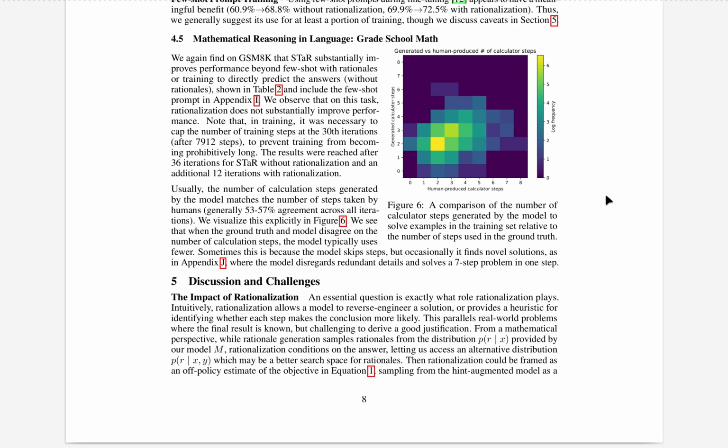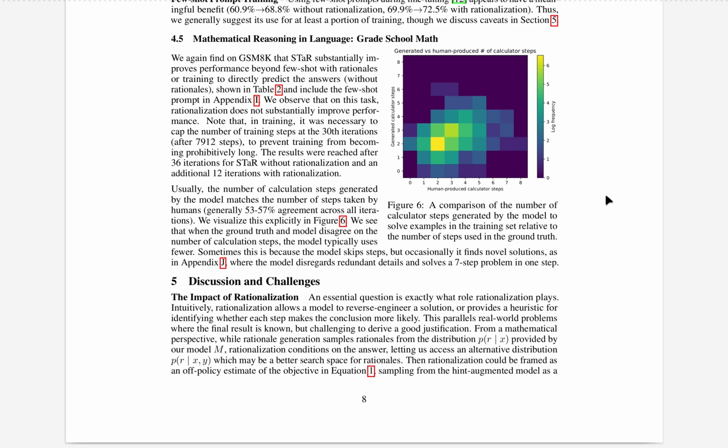From a mathematical perspective, while rationale generation samples rationales from the distribution provided by our model M, rationalization conditions on the answer, letting us access an alternative distribution, which may be a better search space for rationales.